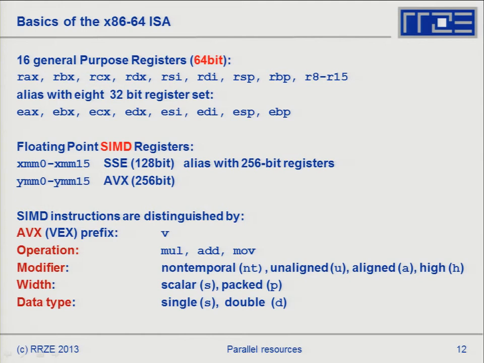If it's scalar, it carries an S. If it's packed, it carries a P. So packed is good. Okay, packed means vectorized. S means not vectorized. And the data type, single or double precision for floating point. Okay, so this is on one slide what you have to know about how instructions and registers look like for the x86 instruction set architecture.